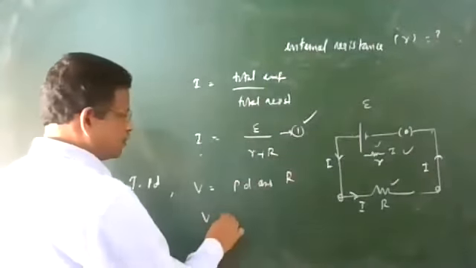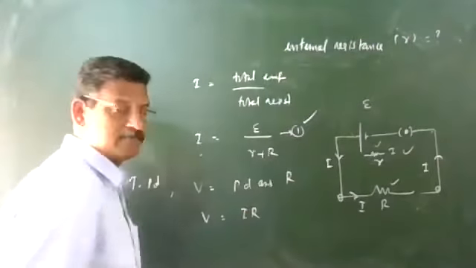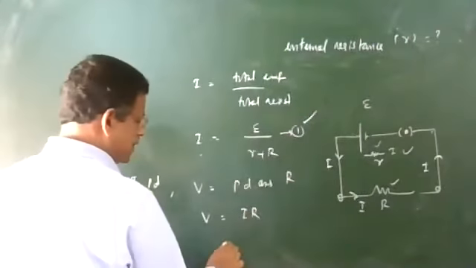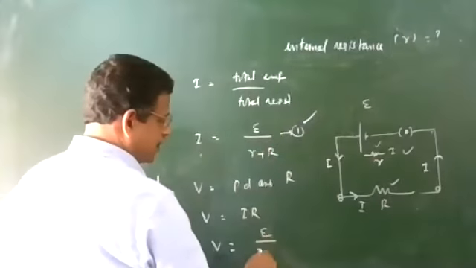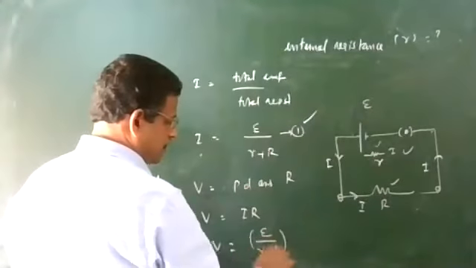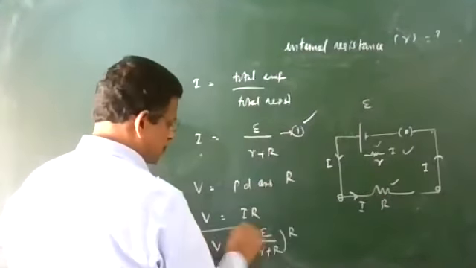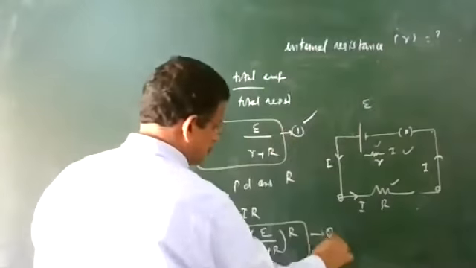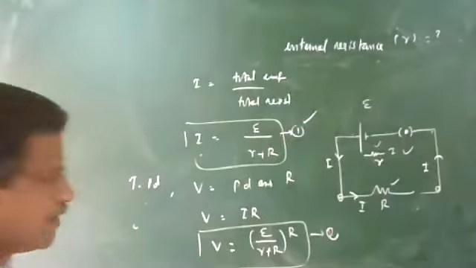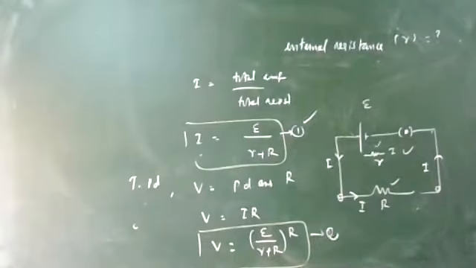So V is equal to I into R, current into R. Using equation one, V is equal to E divided by small r plus capital R, into R. This is the potential difference. All the equations are important. How to calculate current, how to find the terminal potential difference. From this, you can get the value of small r, rearrange it.